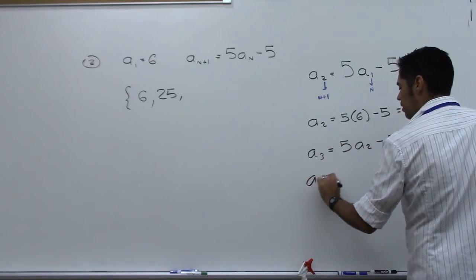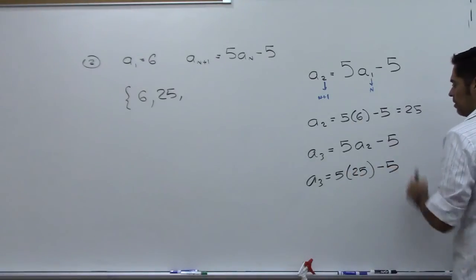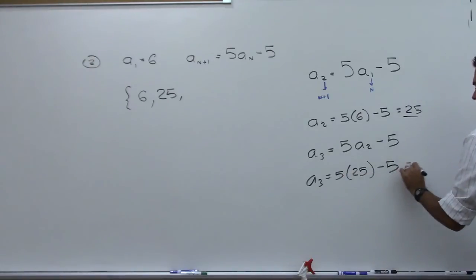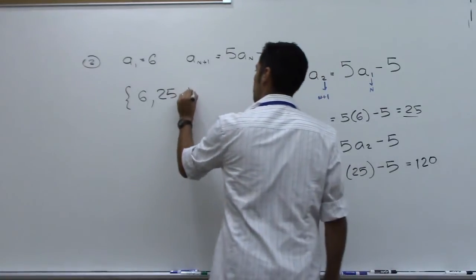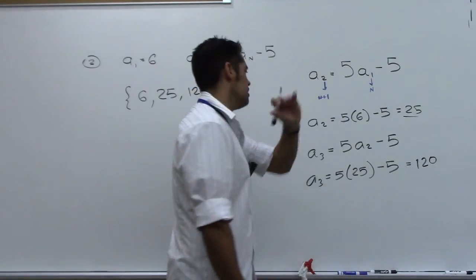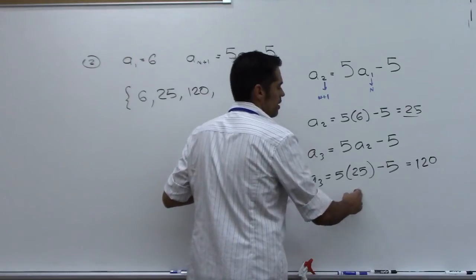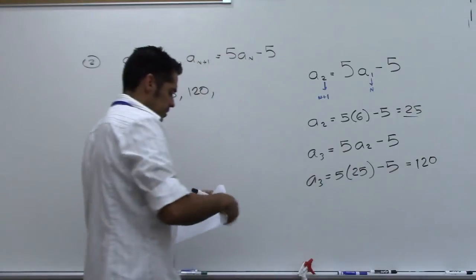So a sub 3 should be 5 times 25 minus 5. 5 times 25 is 125, minus 5 is 120. So the next number should be 120. And then I continue this. If I wanted the fourth number, I'm going to do 5 times the third number minus 5, so it'd be 5 times 120 minus 5. And you can keep doing this.